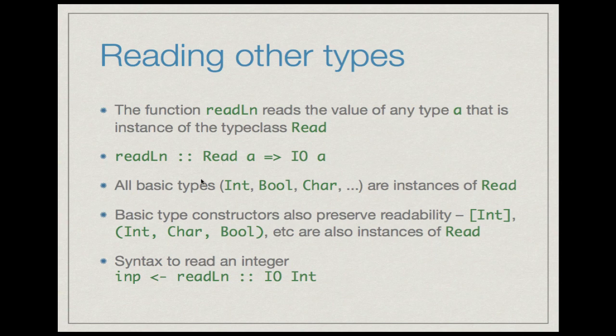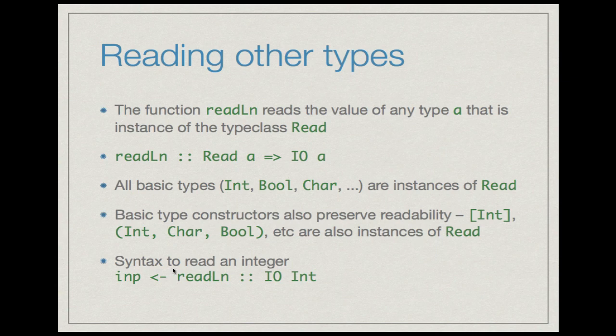Therefore, you can use readLn to read integers, booleans, characters, etc. The basic type constructors also preserve readability. So, for instance, list of Int, the triple (Int, Char, Bool), etc. are also instances of Read.